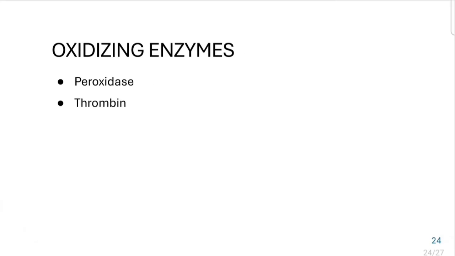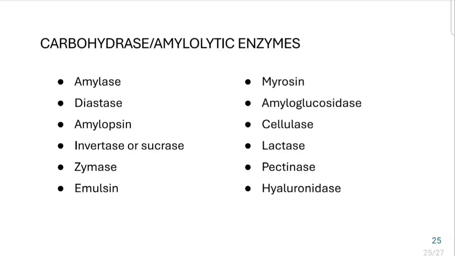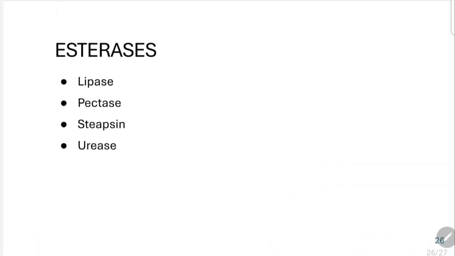Your oxidizing enzymes such as peroxidase and thrombin. Your carbohydrases or amylolytic enzymes, which degrade carbohydrates into smaller forms, such as amylase, diastase, amylopsin, invertase or sucrase, zymase, emulsin, myrosin, amyloglucosidase, cellulase, lactase, pectinase, and even hyaluronidase.